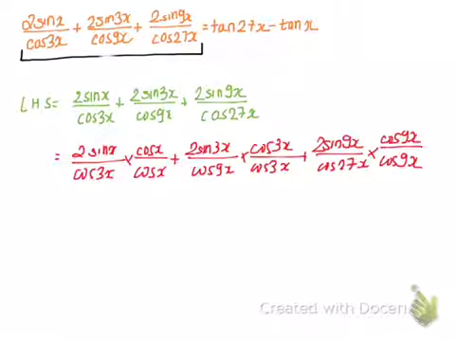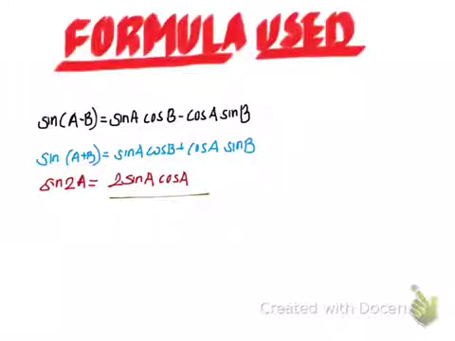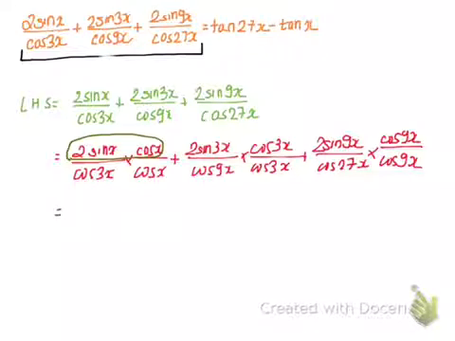Now we can apply one formula here. For this part, it is in the form 2 sine x dot cos x. So right over here we have the formula for 2 sine a dot cos a. It is the formula for sine 2a. So here 2 sine x dot cos x definitely means sine 2x. And then here comes the denominator part.